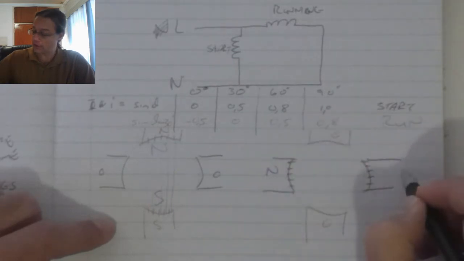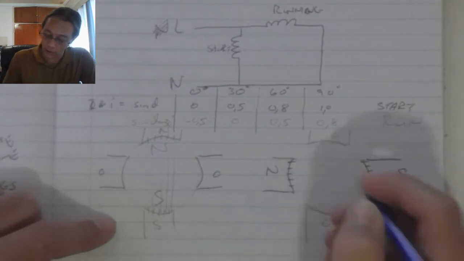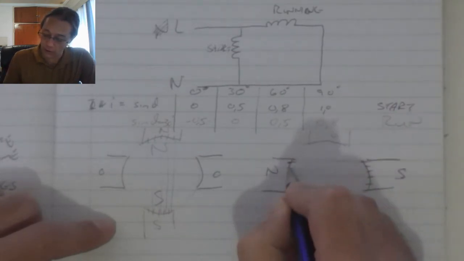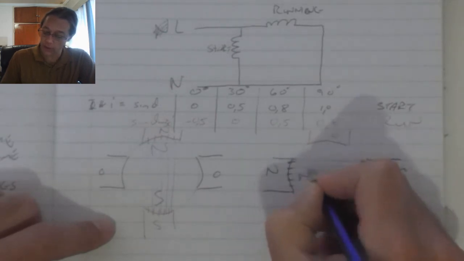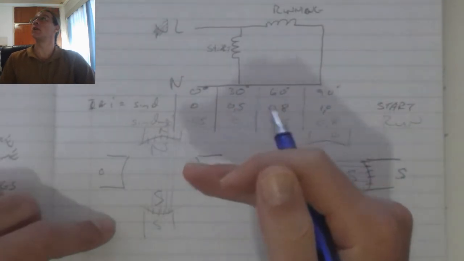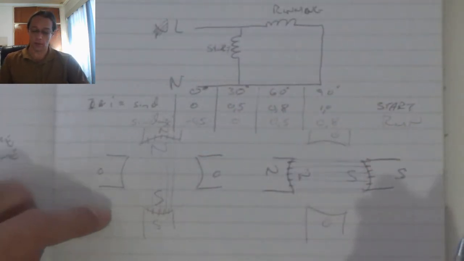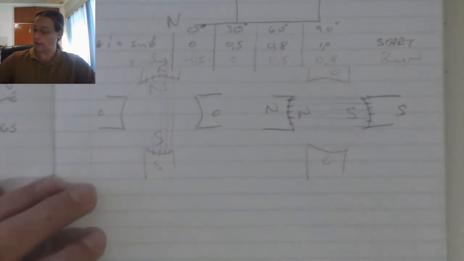Let's say that's the north and that's the south side, that means that our flux lines generated will be 1, 2, 3, 4, 5 with north on this side and south on that side. So we can already see that there's been a rotation on the magnetic field in the stator.